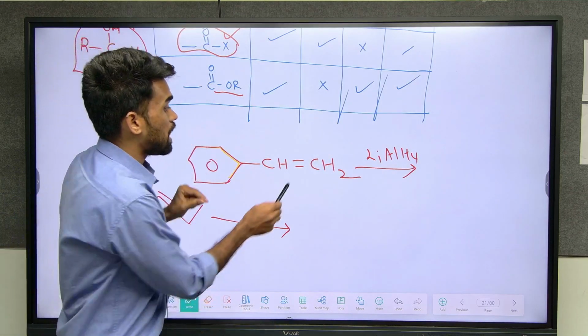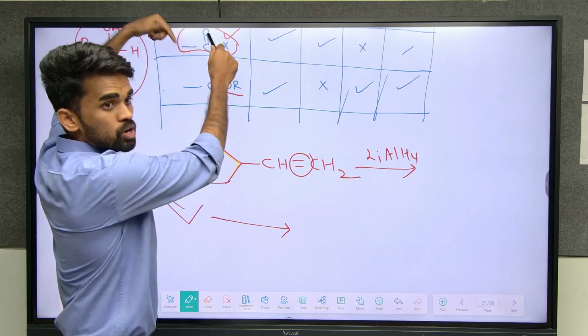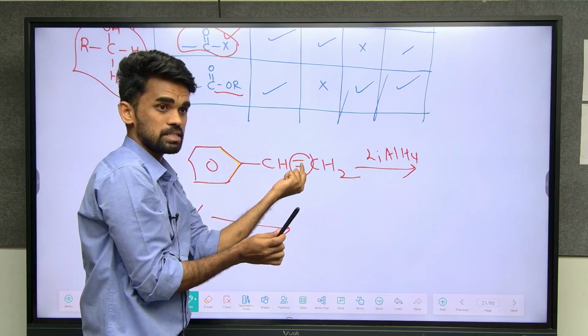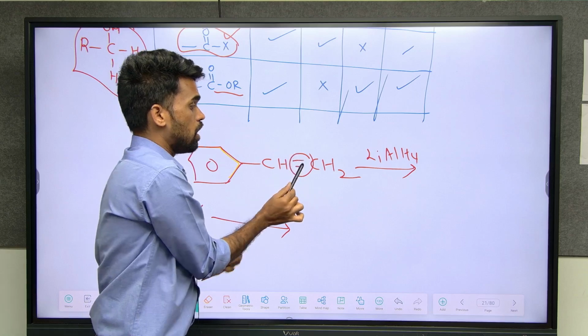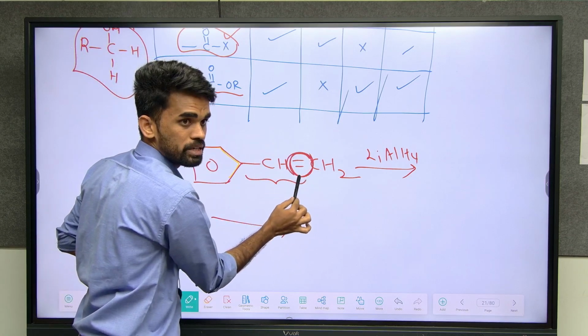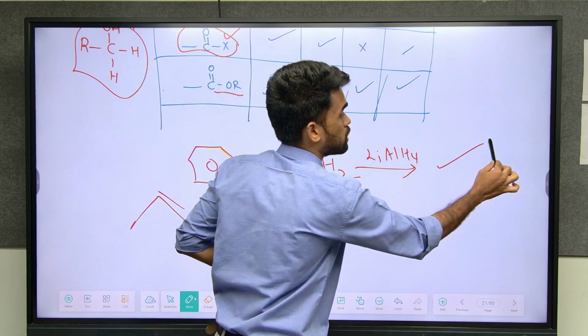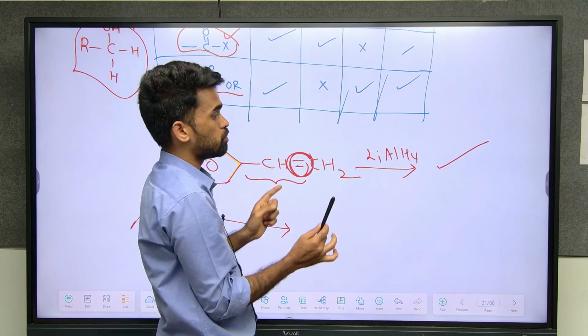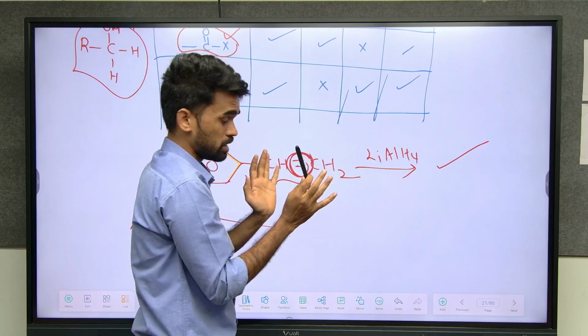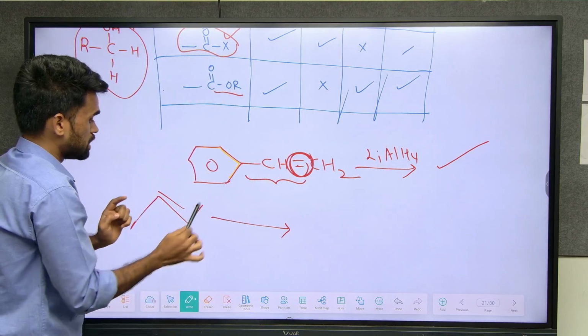When I am treating with alkenes, there you have seen double bonds and carbonyl compounds. Here it is a special concept. When I am talking about alkenes, only the benzylic position alkene double bond will be converted into the respective alkane. It means remove the pi bond and replace it with two hydrogens, here one, here one. That is the product formed. It will not convert normal alkenes.